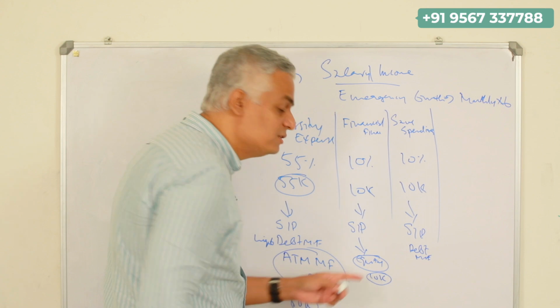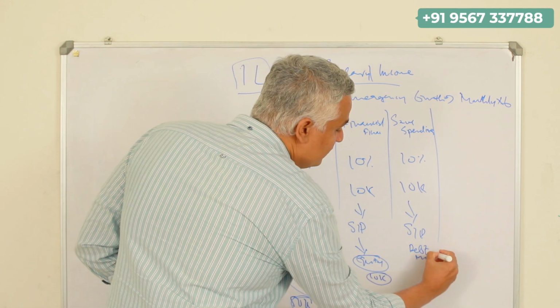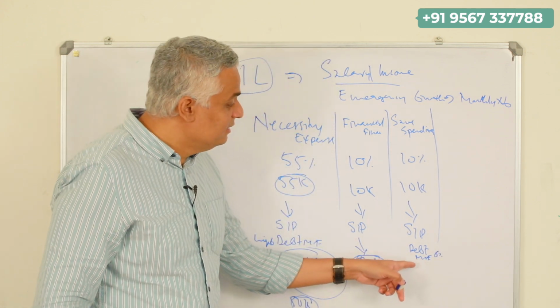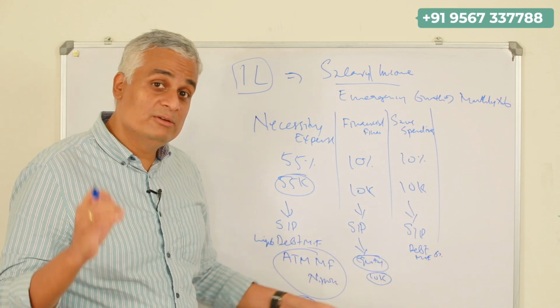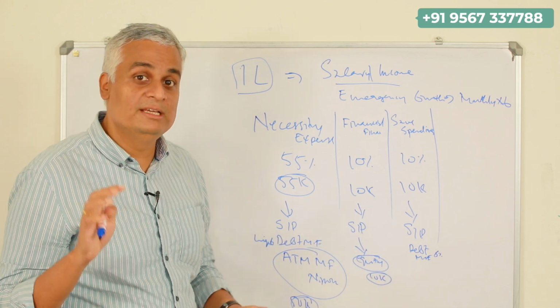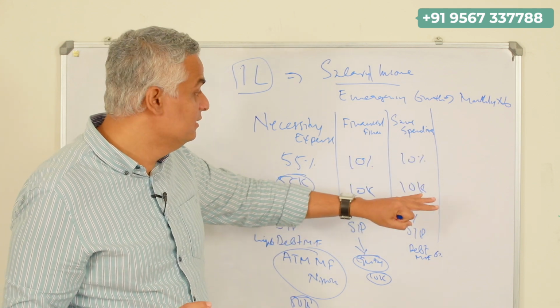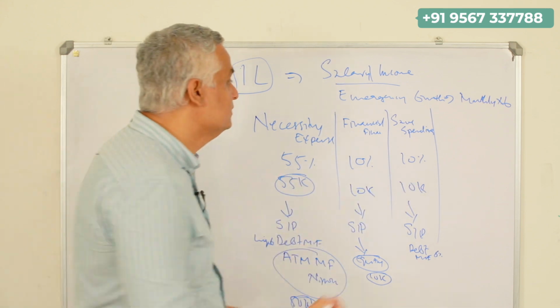A debt mutual fund does not go into the stock market. It will give you a fairly decent 6 to 7% return, and you have the flexibility to take out the money anytime you want. So you know that when any future expense comes, you have this money left here.